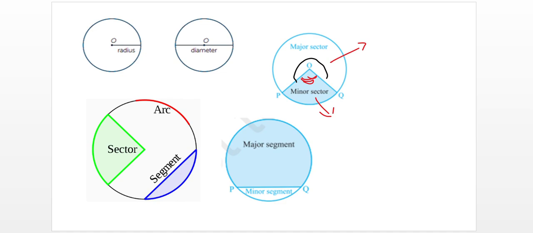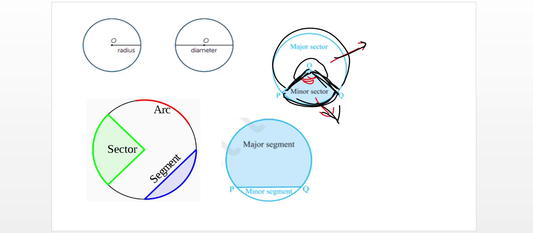A sector is the area inscribed in an arc with the two radii. As you can see here, this is one radius, this is another radius, and this is the minor arc. So this part of the circle is called the minor sector. And this one, because it has the major arc with the two radii, is called the major sector.